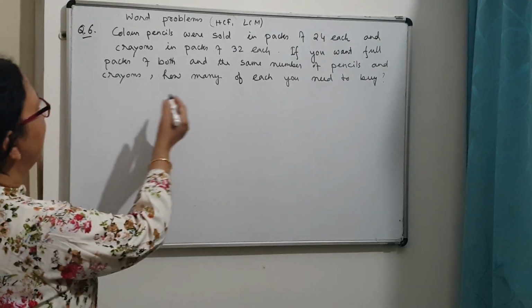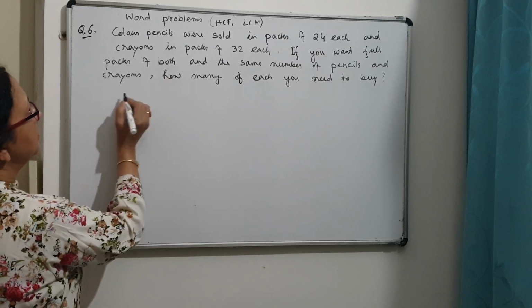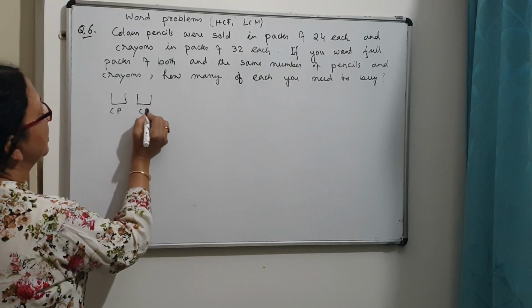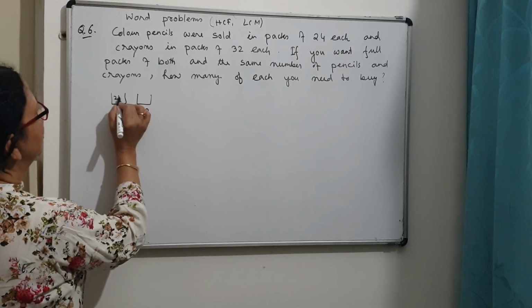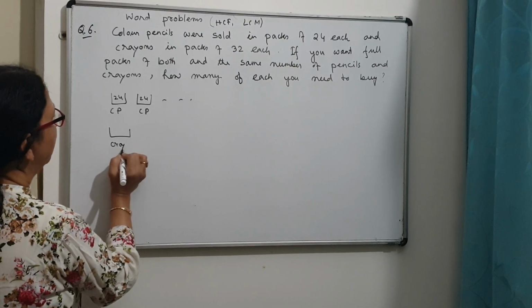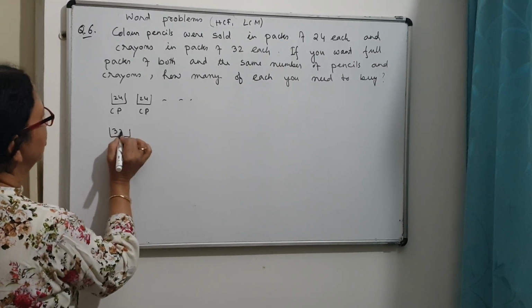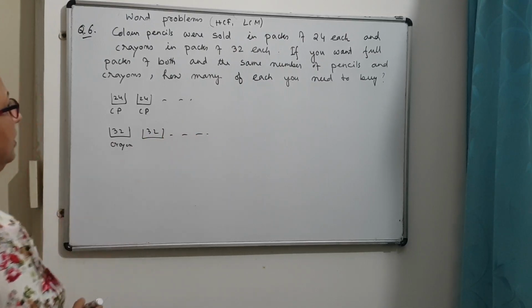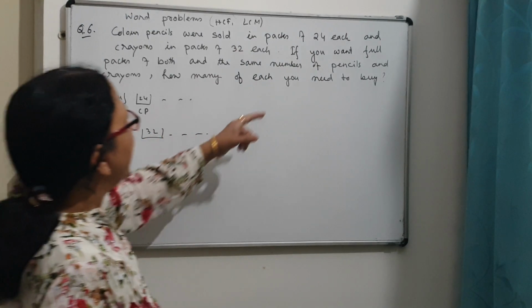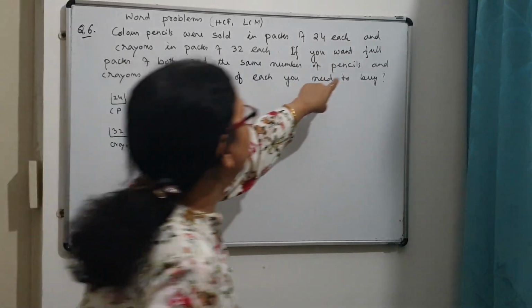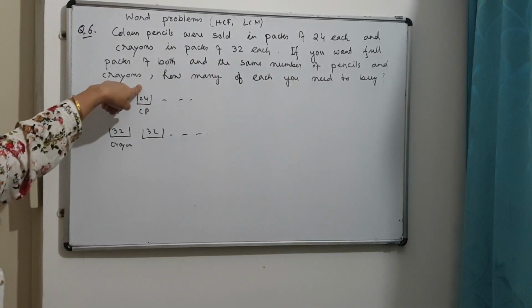The question says that color pencil packs are there, where each pack has 24, and in crayon packs there are 32. Now we have to buy full packs of both, and the same number of pencils and crayons.